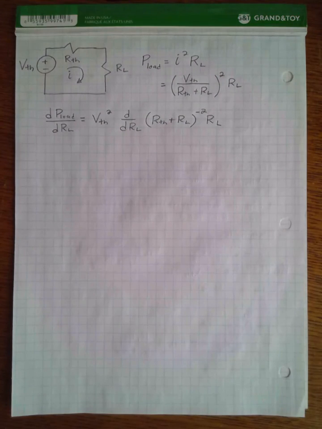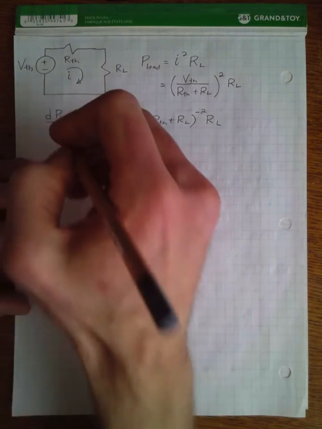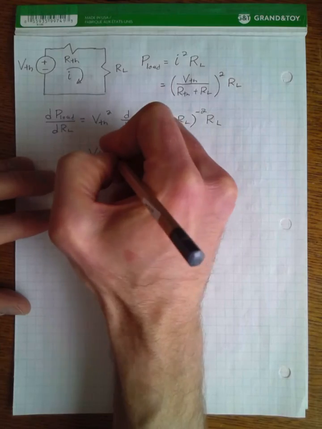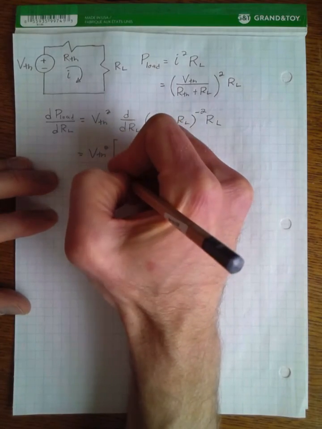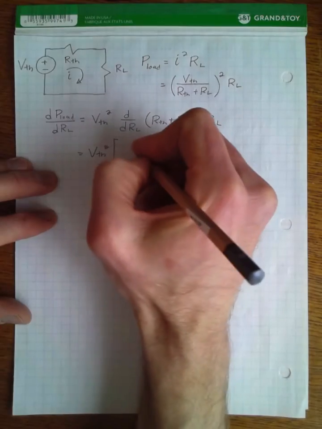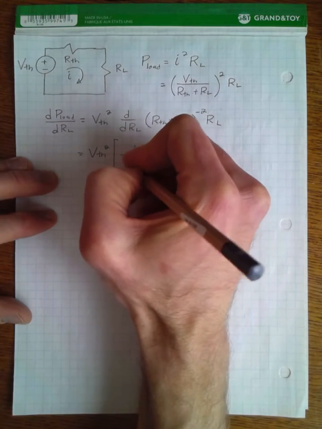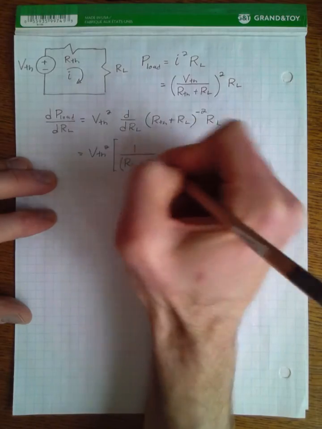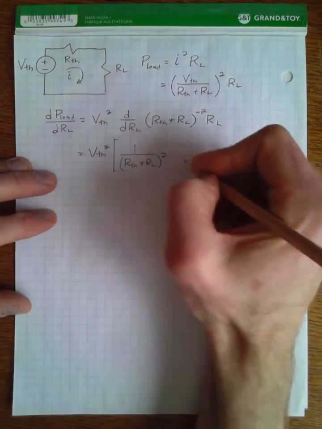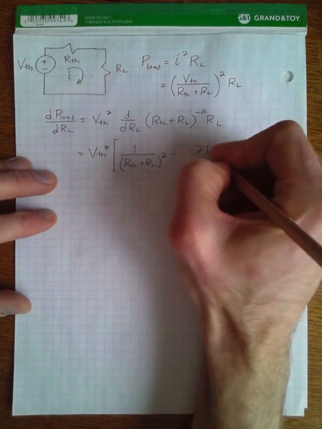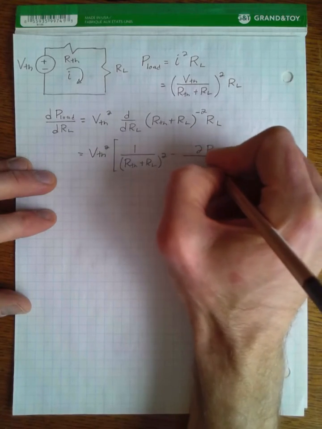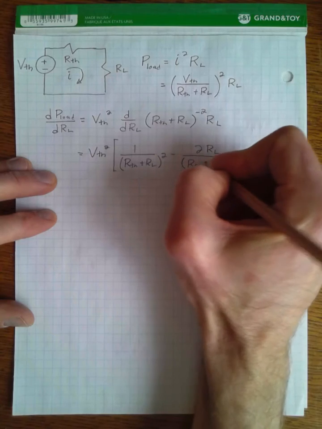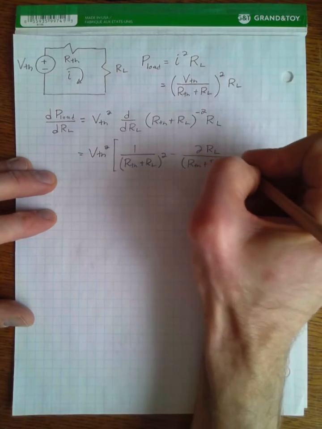And if I just use the chain rule, this ends up being equal to the Thevenin voltage squared times 1 over R Thevenin plus RL squared, minus 2RL over R Thevenin plus RL cubed.